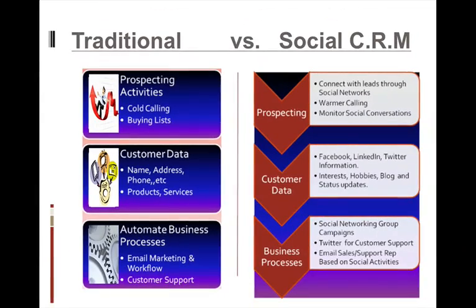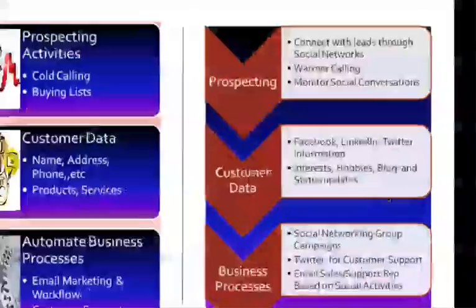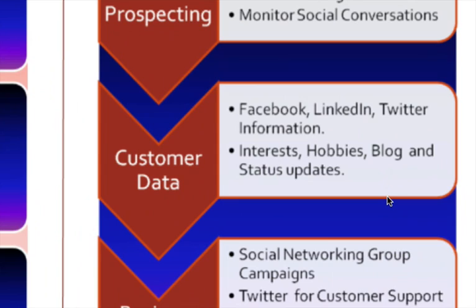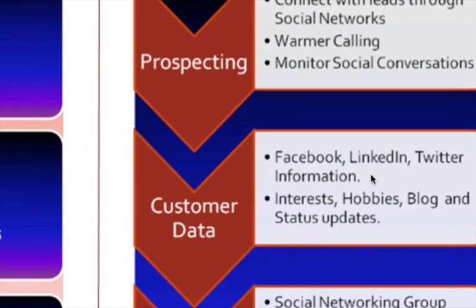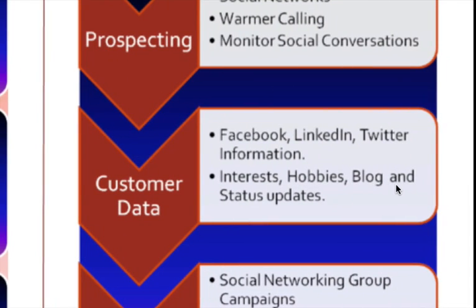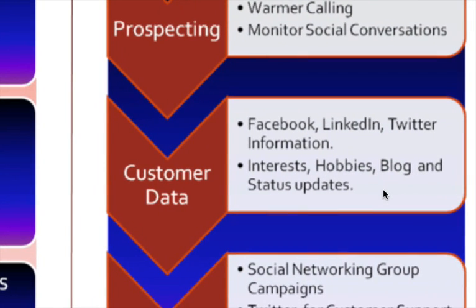However, social CRM introduces new attributes into the customer record, such as the Facebook, LinkedIn and Twitter profile, their interests, hobbies, blogs, and any status updates on these social networks.